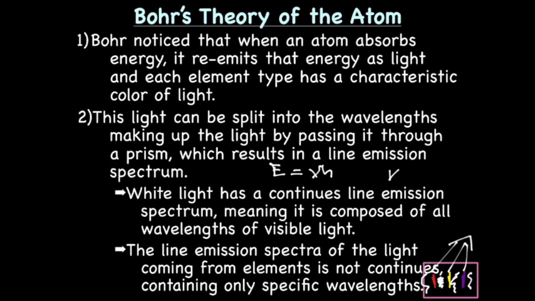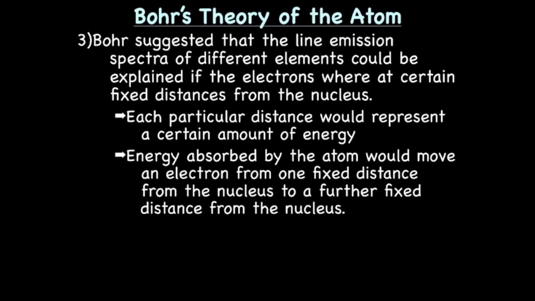So what Bohr is thinking is going on is that when you throw electric current or something through a sample of an element, the energy is absorbed by the atom, so if this is a nucleus, causing the electron to move from one discrete level, distance from the nucleus, directly to a second.